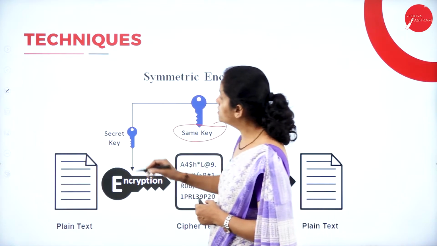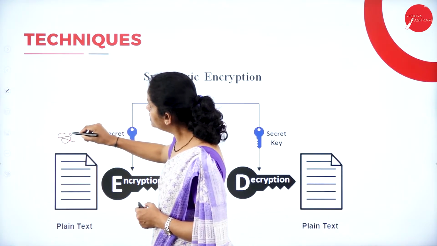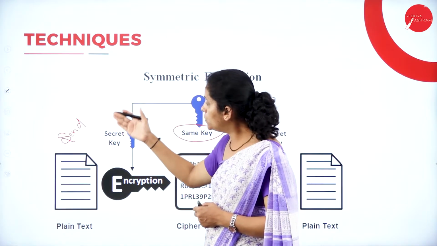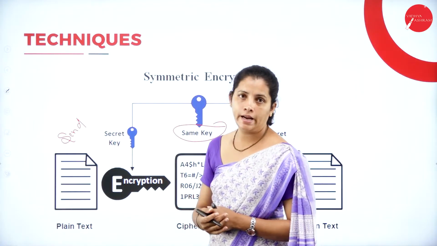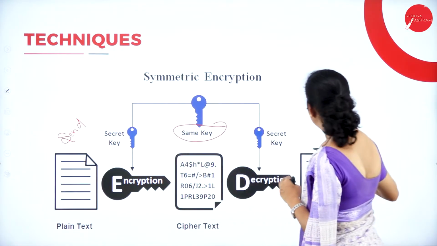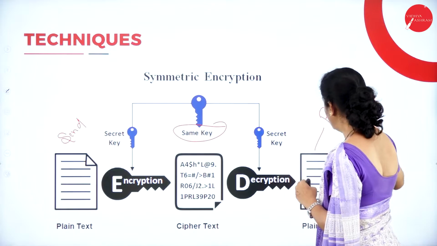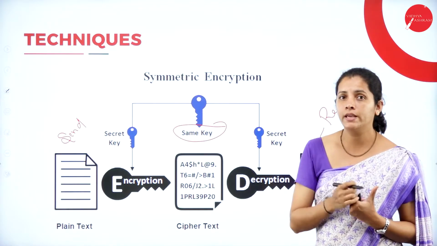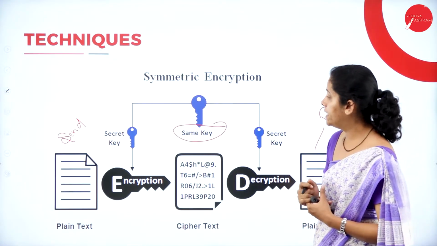The sender is going to use the private key to encrypt the data, and on the other side, that is the receiving side, the receiver is going to use the same key to decrypt the data.